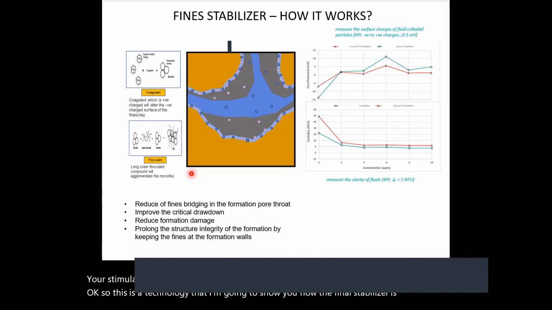There are two mechanisms that need to be understood: the mechanism of the coagulant and the mechanism of the flocculant.